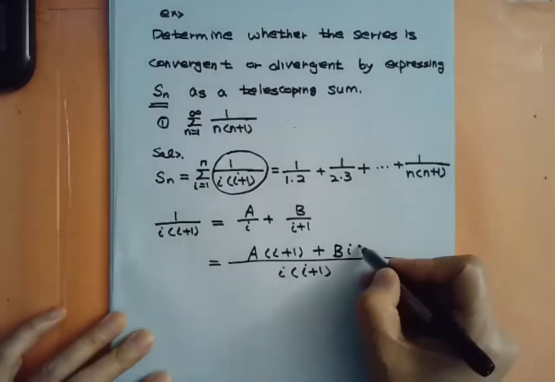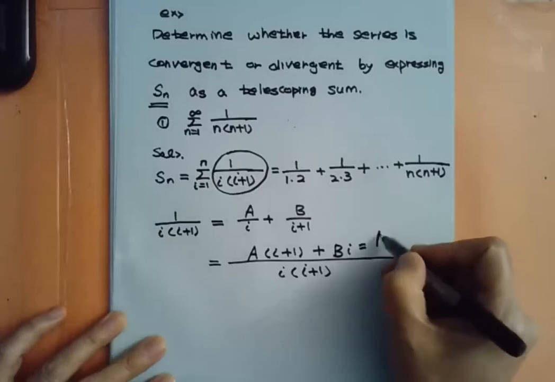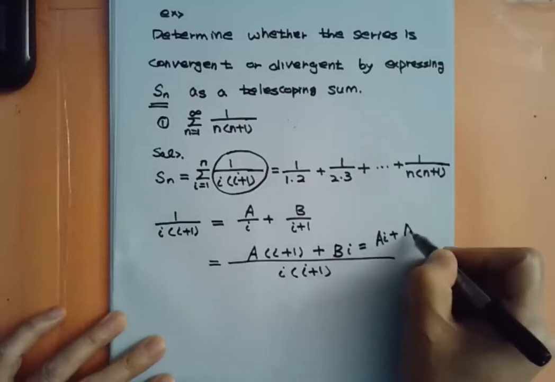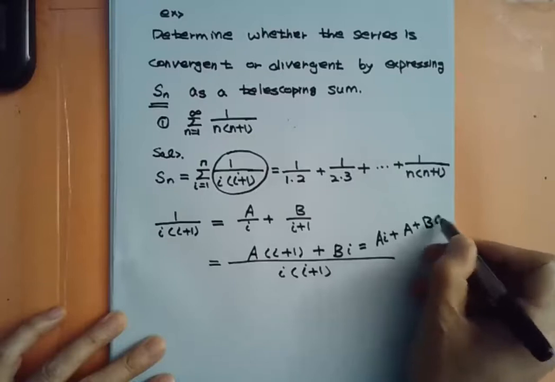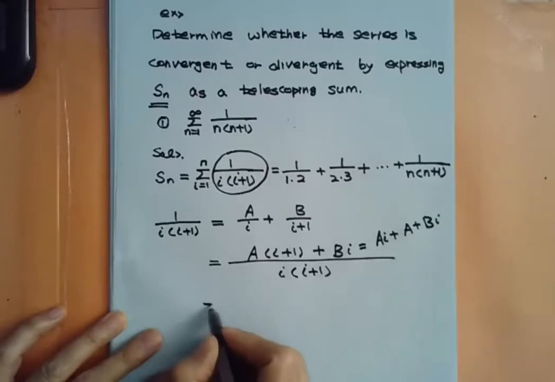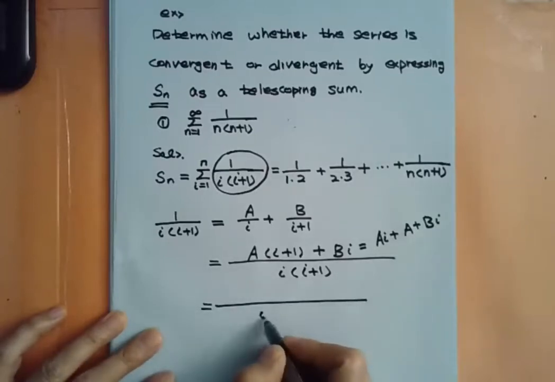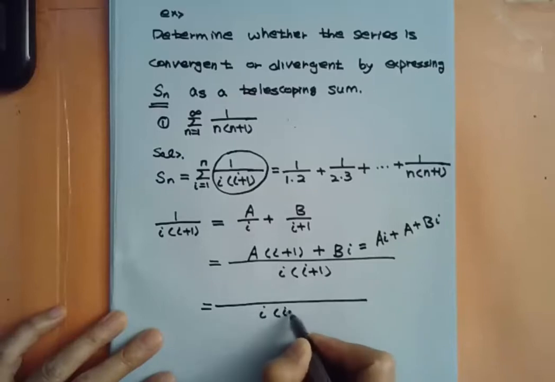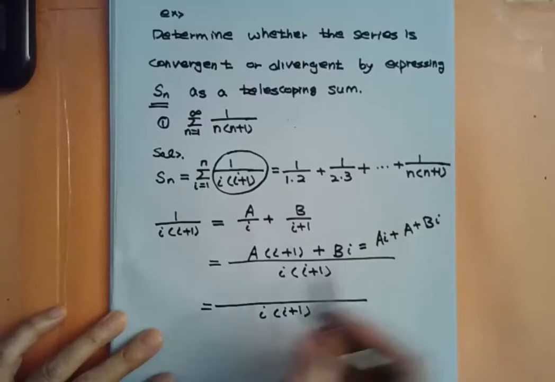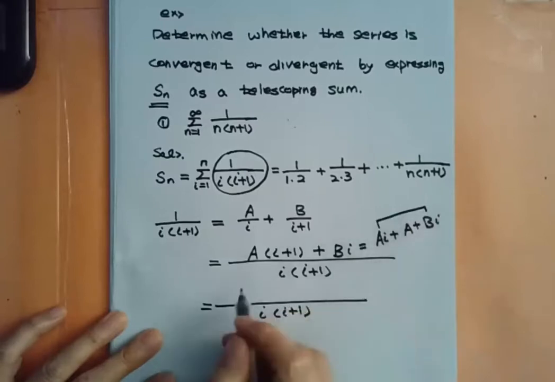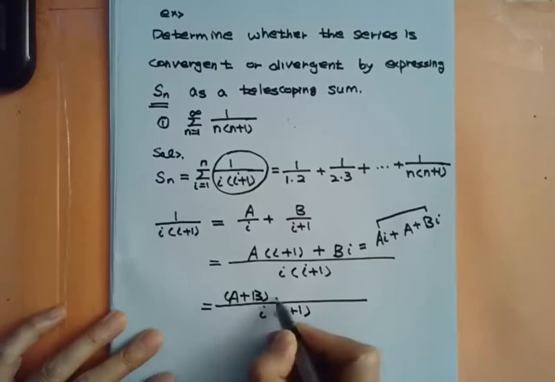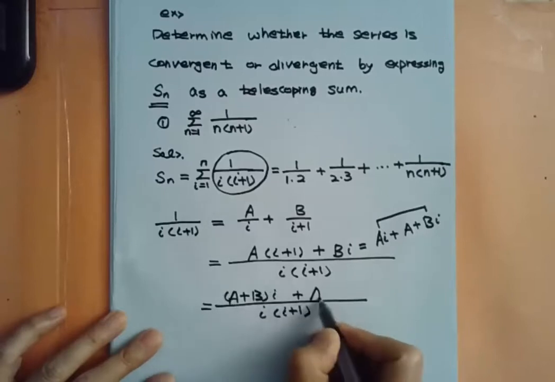So this numerator becomes Ai plus A plus Bi. The denominator is i times i plus 1, and the numerator, when we add them up, is A plus B times i plus A.